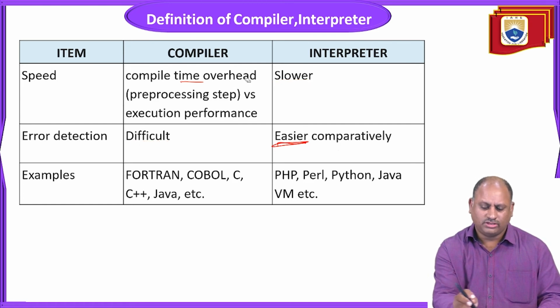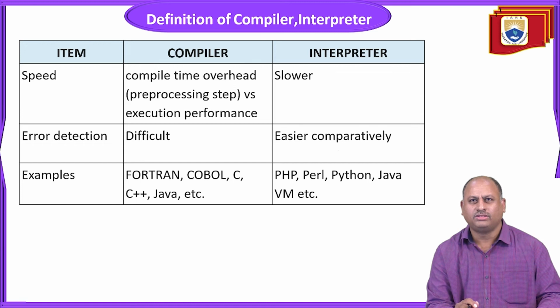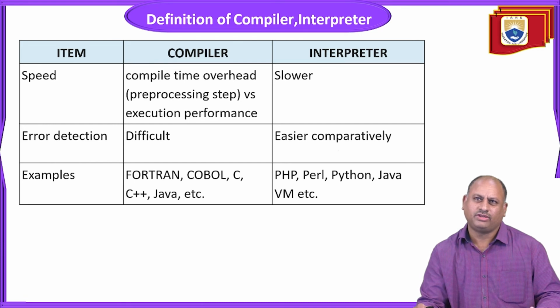Examples of compilers are Fortran, COBOL, C, C++, Java, etc. All these come under compiler, whereas examples of interpreters are PHP, Perl, Python, Java virtual machines, etc. Compilation and execution happen in the case of a compiler, and direct, step by step execution in the case of an interpreter. The most popular language nowadays, Python, is an interpreted language, and it gets very good results quickly compared to the compiler.